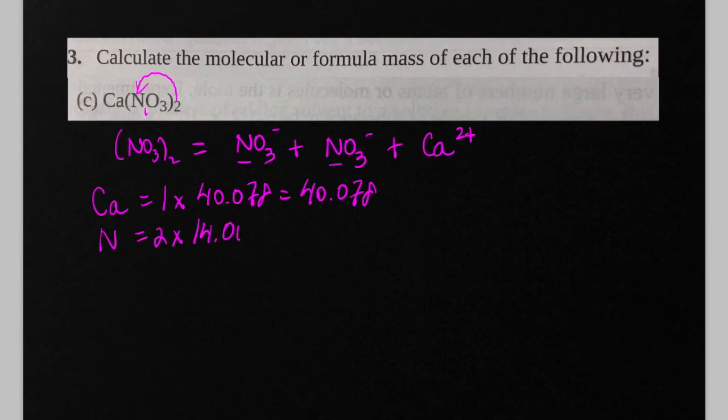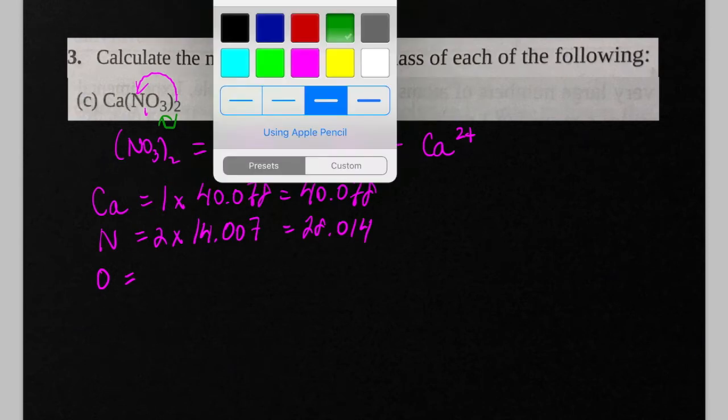And on ptable.com, your periodic table shows a molar mass or an atomic mass of 14.07. So you multiply that by 2. Okay. And for oxygen, we have 6 of them. So what you want to do is, the 2 and the 3, there are 2 nitrates, and each one has 3 oxygens.